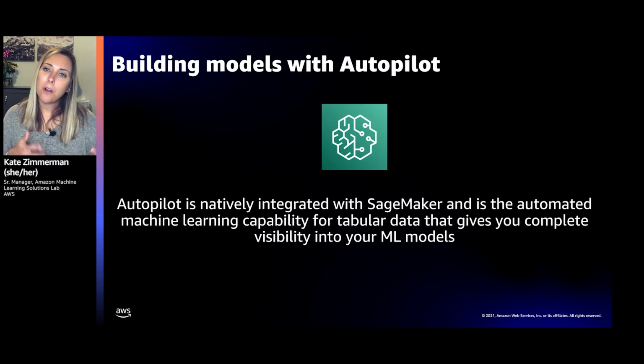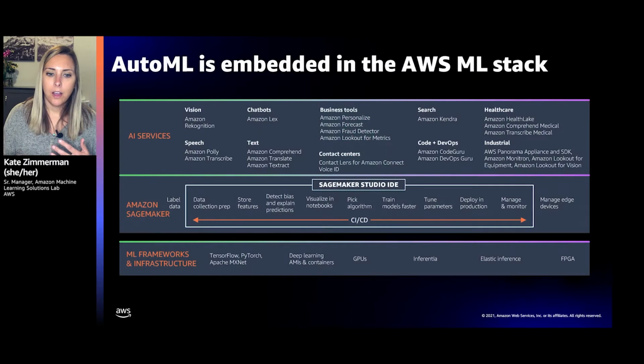So where AutoGluon is an open source toolkit that you can leverage in SageMaker, Autopilot is truly a built-in feature of the SageMaker platform. And with that comes certain advantages that, again, we'll highlight later on. But kind of zooming out, these are the two solutions I'm going to talk about the most today. But whenever we talk about AutoML, I do want to call out that it really is something that's embedded throughout the AWS stack.